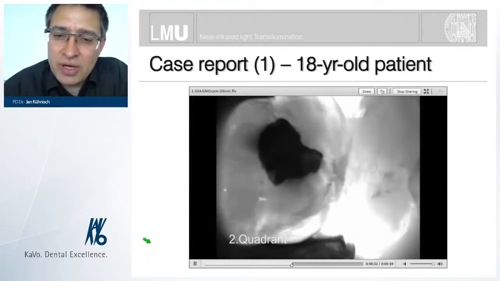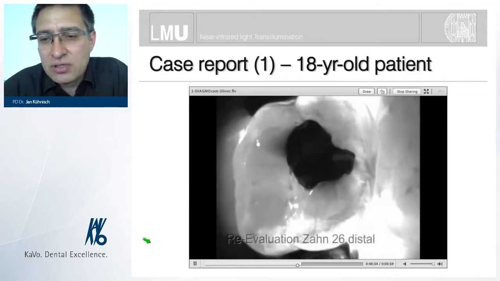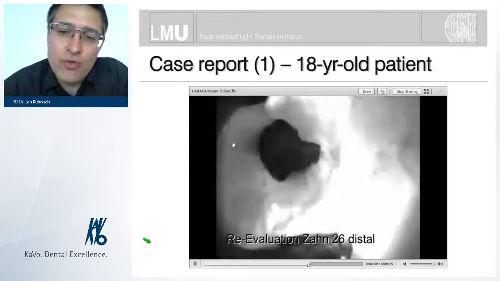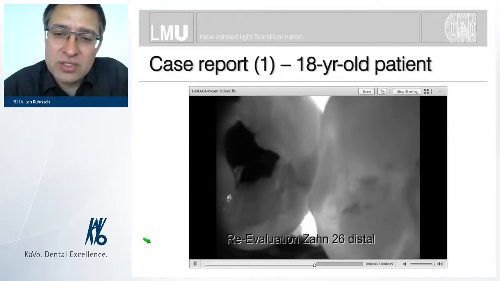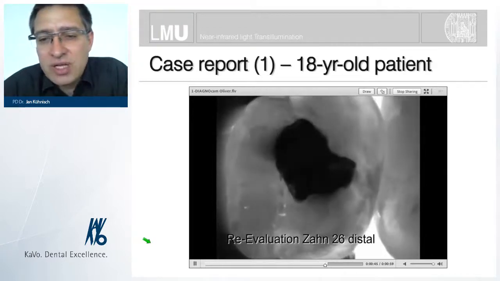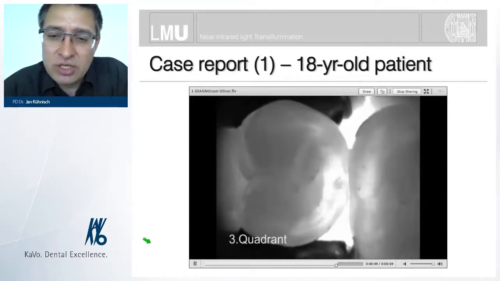And look here, they are detected on the tooth 2-6 distal dark shadow, and as I detected this, I re-investigated. You can see here a small crack which is visible on the near-infrared light image, and of course there is a lesion present until the enamel dentine junction.